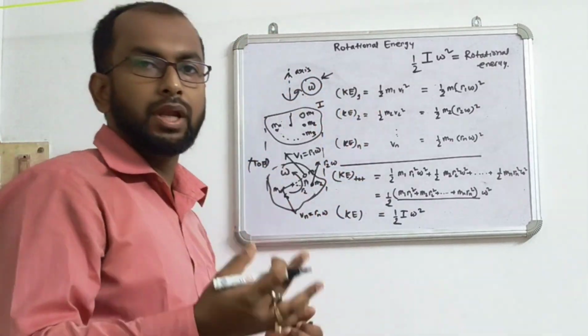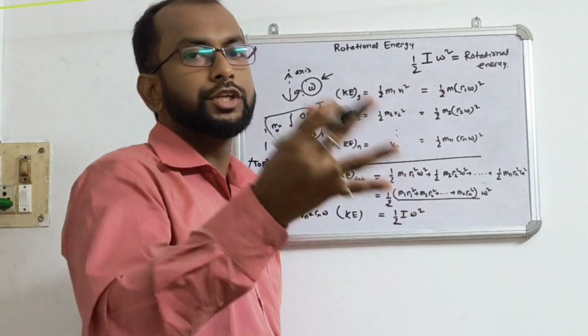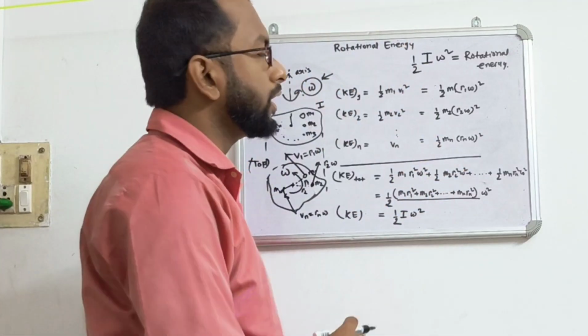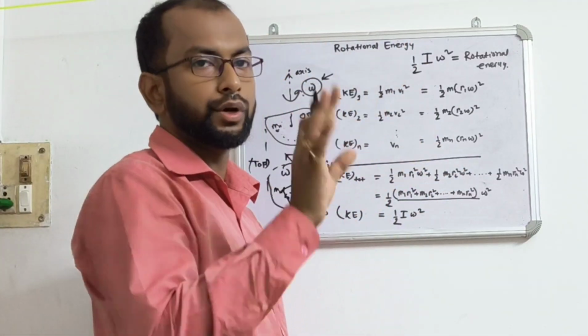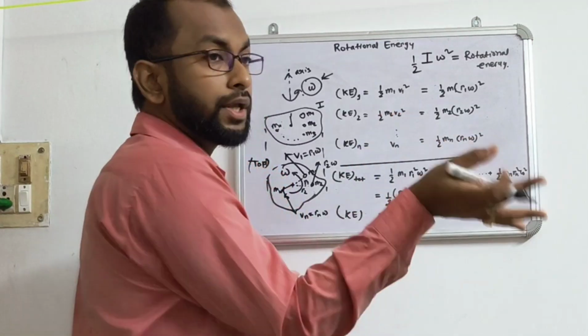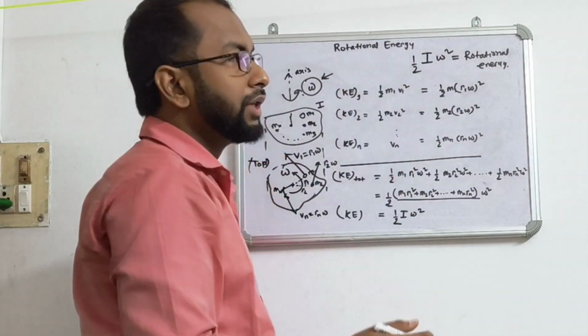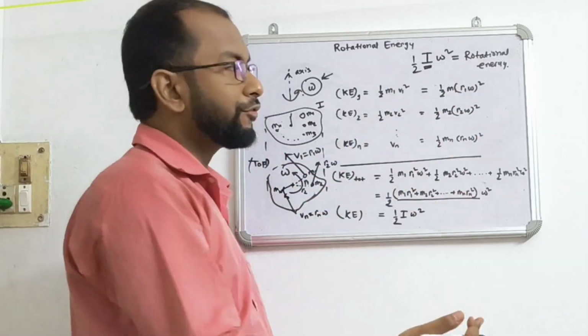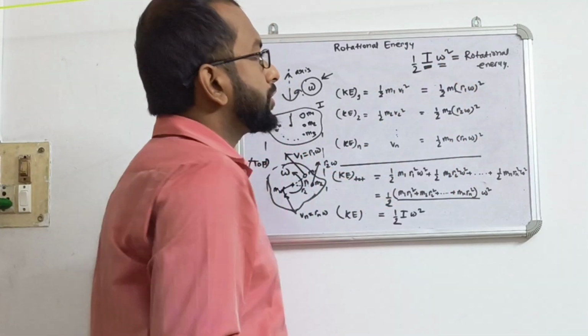See, it is very similar to our linear motion or translational motion. In translational motion, the kinetic energy is half of mass into v square, half mv square. But in the case of rotational motion, the equivalent of mass is moment of inertia and the equivalent of velocity is angular velocity. So see, it is very similar.